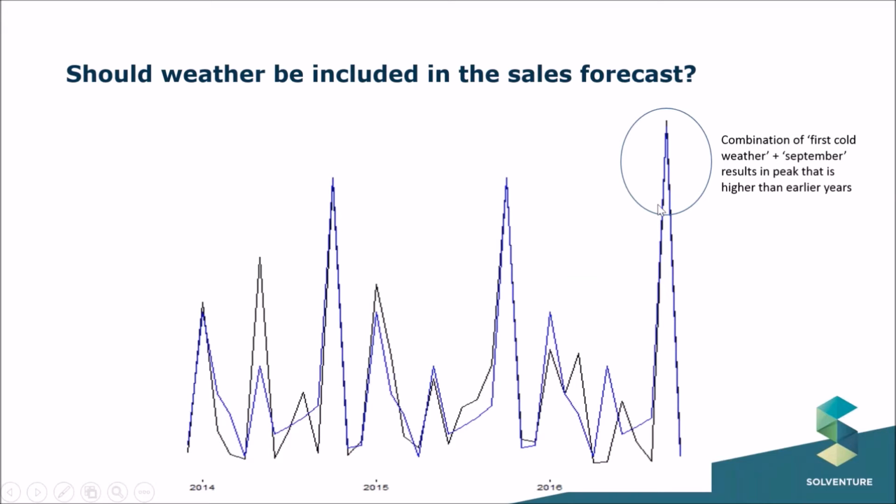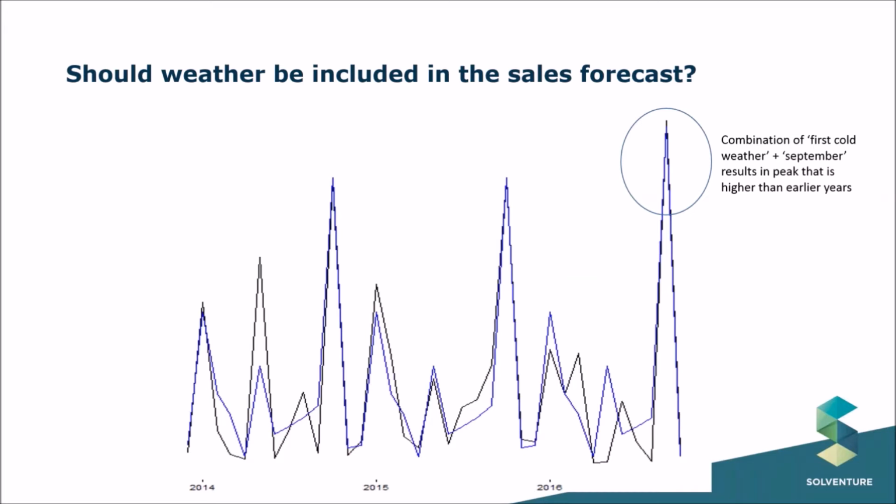And what you actually see there is a combination effect. The fact that September is higher compared to the earlier peaks is not due to the temperature, because we just model the 0-1 effect: the first time the temperature drops below a certain threshold, it generates an extra peak in the sales. So that peak is the same.